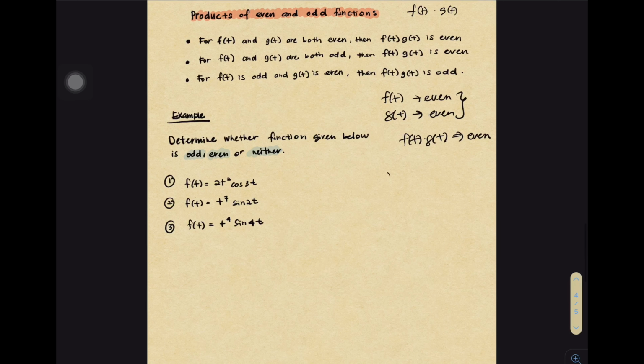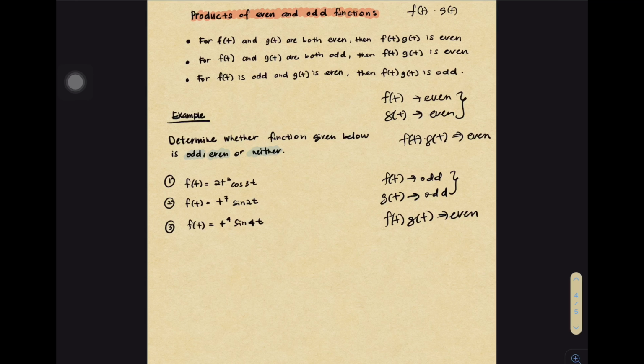If f(t) is an odd function and g(t) is an odd function, and you multiply these two functions, what you will have in return is the function f(t)g(t), which is an even function. Even though they are odd when they stand individually, when you multiply two odd functions, you will get an even function in return.